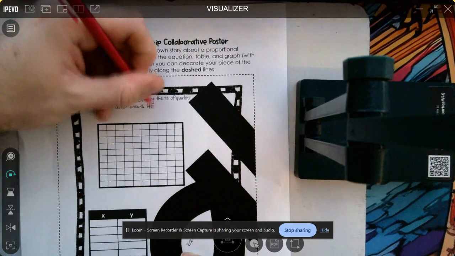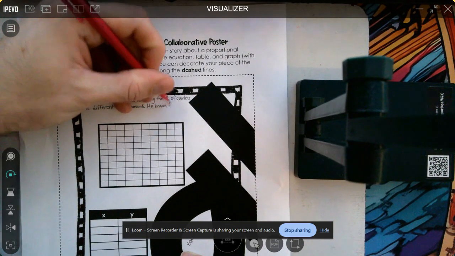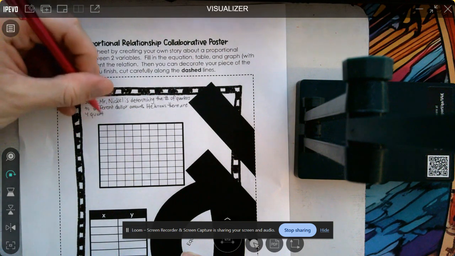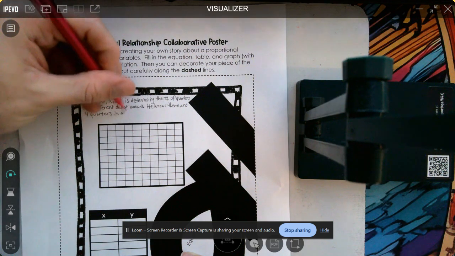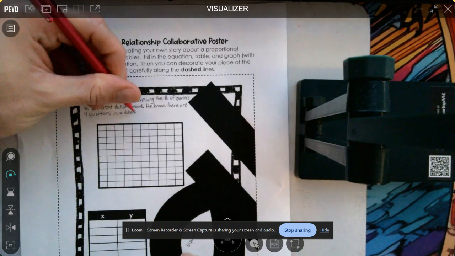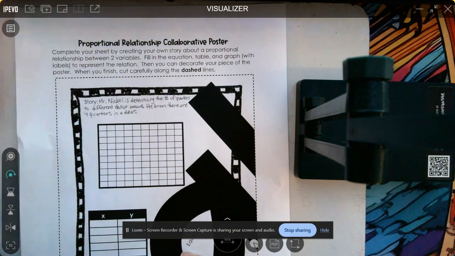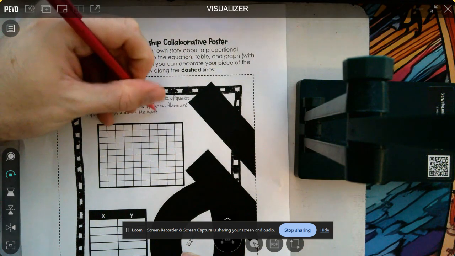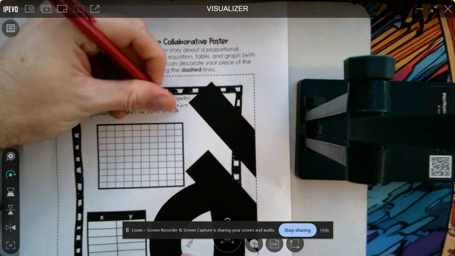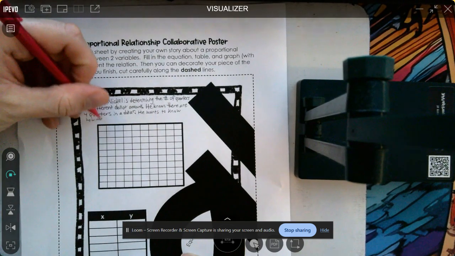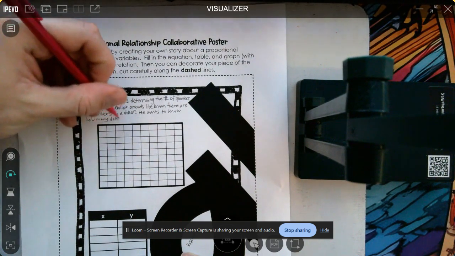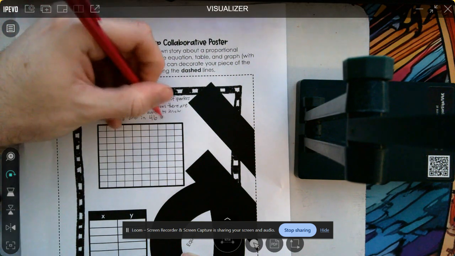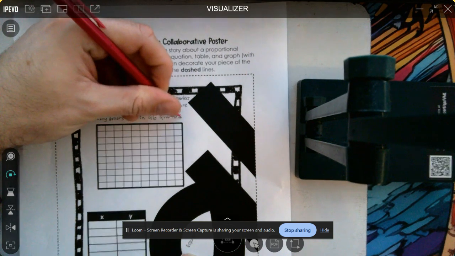He knows there are 4 quarters in a dollar. He wants to know how many dollars are in 46 quarters. So that's my story.